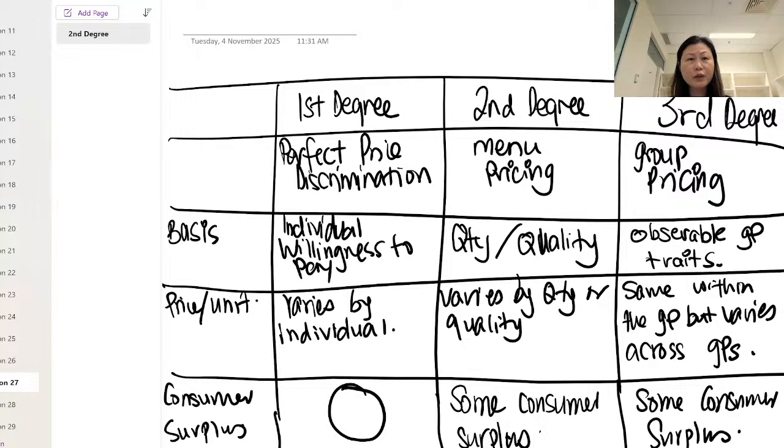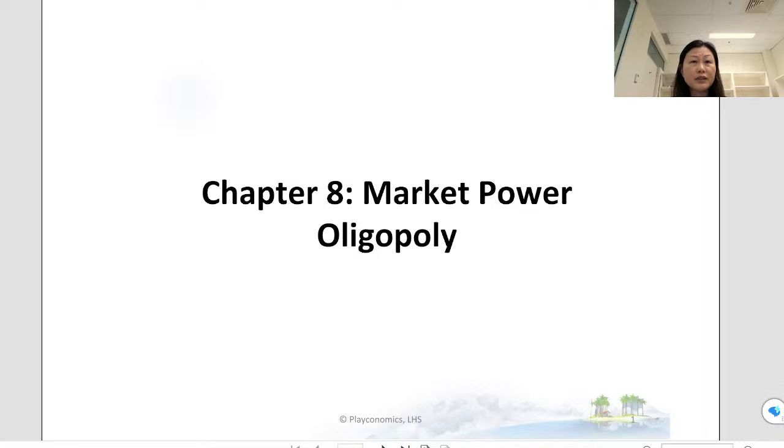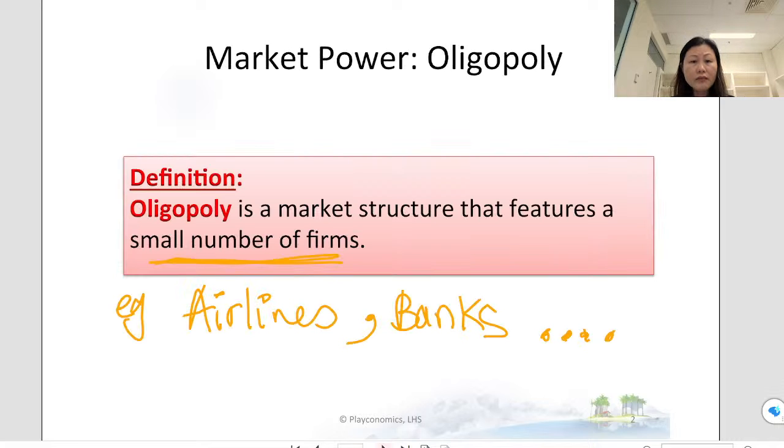Now, we then move on to talk about oligopoly, which is in chapter 8. And we did mention the market structure of an oligopoly features a small number of firms. We talked about examples being airlines, being banks, especially in Australia.